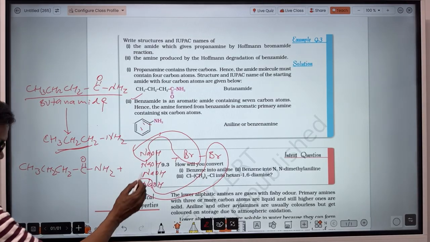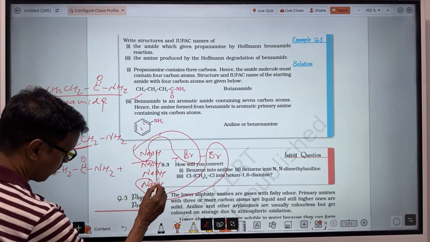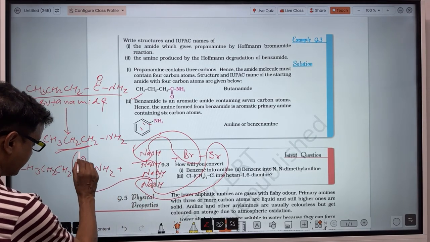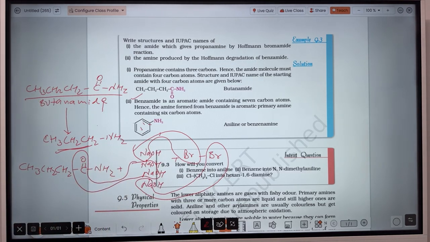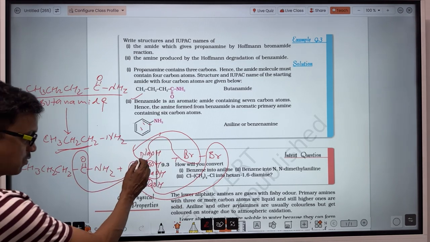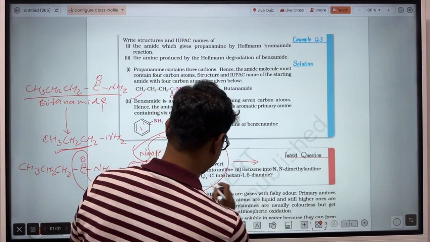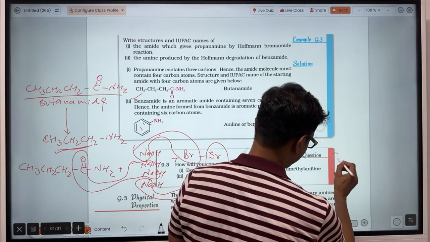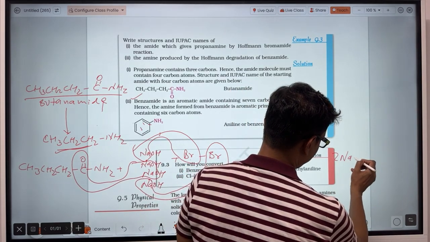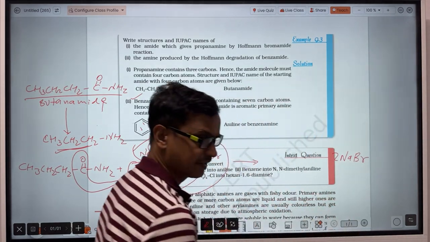Then from here, this NaO part will combine with this acyl carbon atom and form Na2CO3. When this sodium combined with this bromine, there was formation of NaBr, and this sodium combined with this bromine, then there was also formation of NaBr. So there will be formation of 2 moles of NaBr.